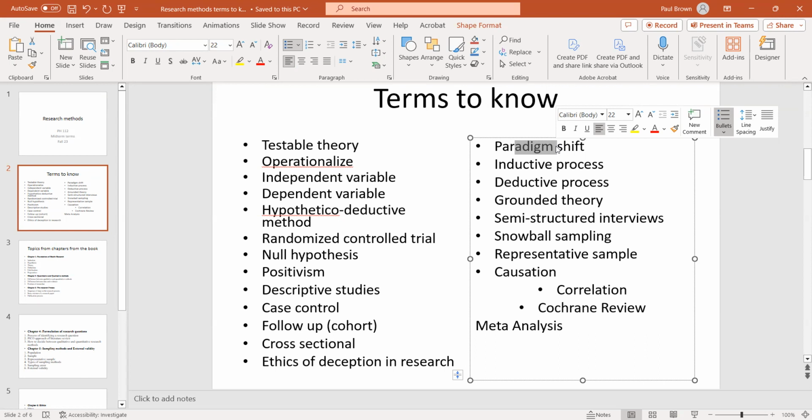And paradigm shift refers to when you have a way that you're viewing the world, right? Think of a paradigm as like a meta theory. A theory is something very concrete, and a paradigm is a meta one. I think the example I gave was the Earth.